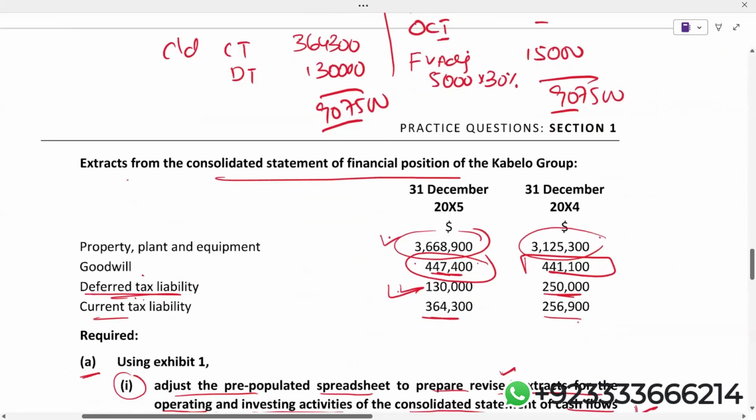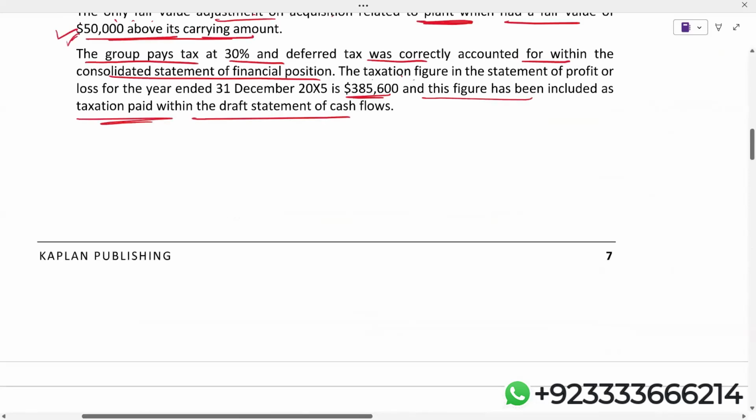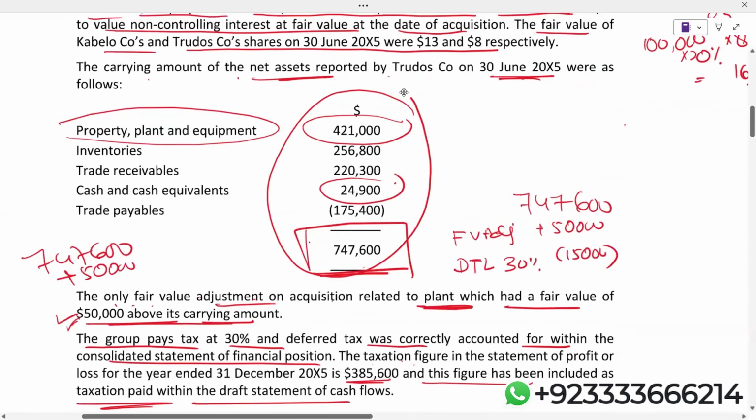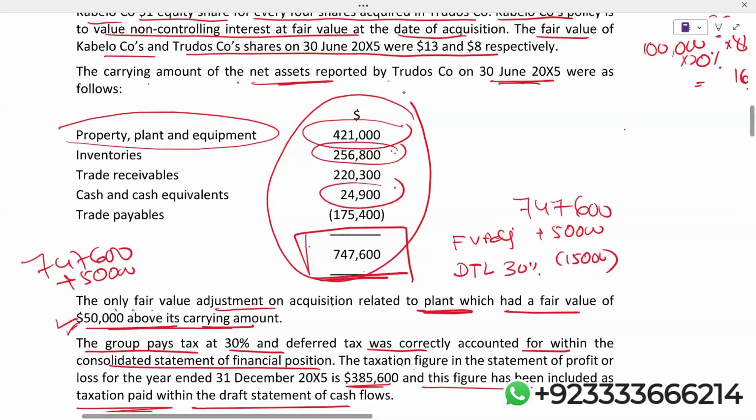Now let's see the subsidiary's figures. The inventory amount is 2 lakh 56,800. I want to say one thing.